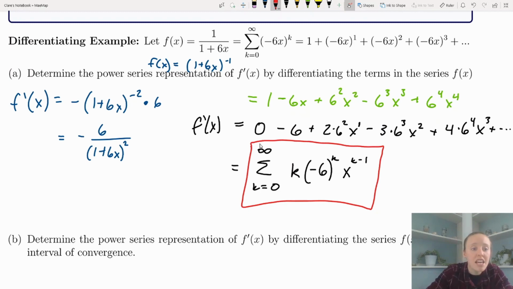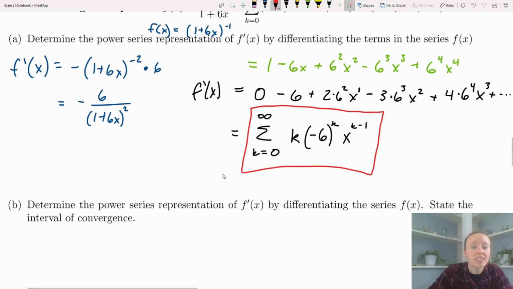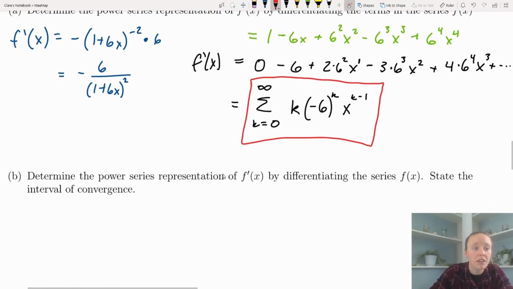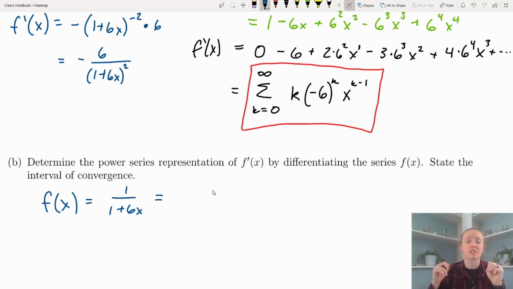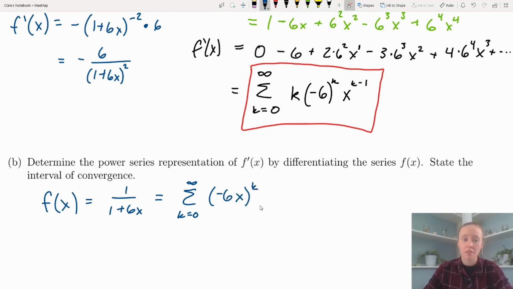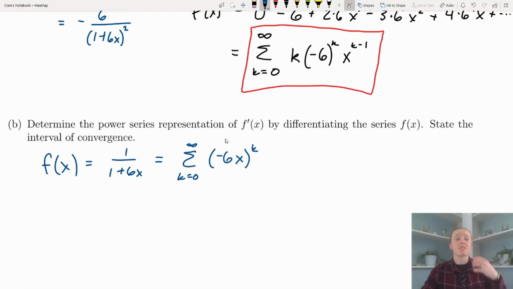And we can do the same exact thing by just differentiating the series we were given. Because remember, f of x is equal to 1 over 1 plus 6x. And that series, when it converges on that interval from negative 1/6 to 1/6 for x, that series representation is the summation from k equals 0 to infinity of (negative 6x) to the k. I can find that power series representation of the derivative just by differentiating this series.